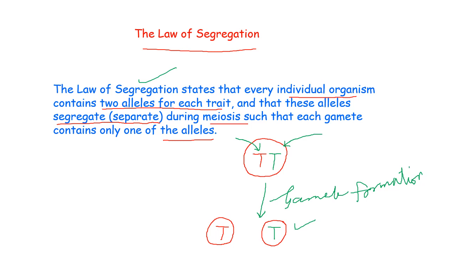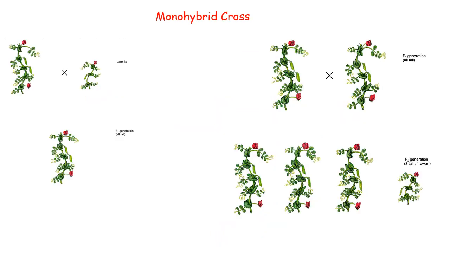Now let's try to understand this law of segregation with the help of a monohybrid cross. What is a monohybrid cross?